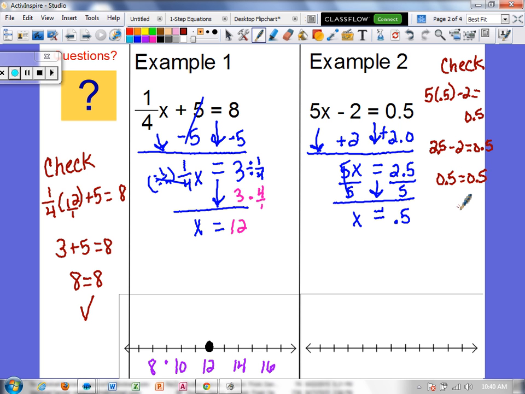The left and the right sides are equal, so that does check out. Now I'm just going to graph it. So what I'm going to do is put 0, 1, 2, 3, and so on, and fill in the rest. So if x equals 0.5, that would fall right in between 0 and 1. So I would just put a filled in circle there.